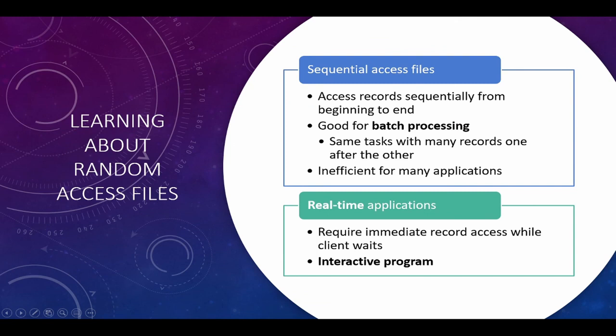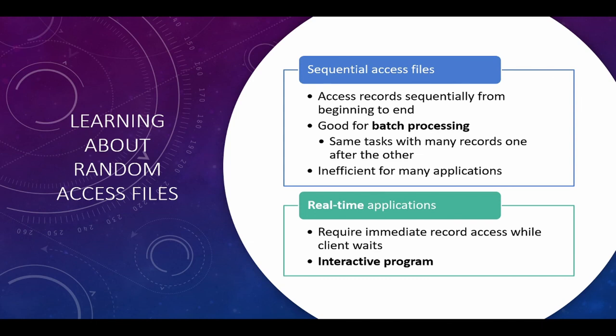Now, random access files are a little bit more difficult. With sequential files, we are accessing the data from beginning to end, almost like reading a book. It's good for batch processing. If you've got many different records of the same thing, it can be inefficient. I like to think of it as a spreadsheet where each column is separated with a comma, things of that nature.